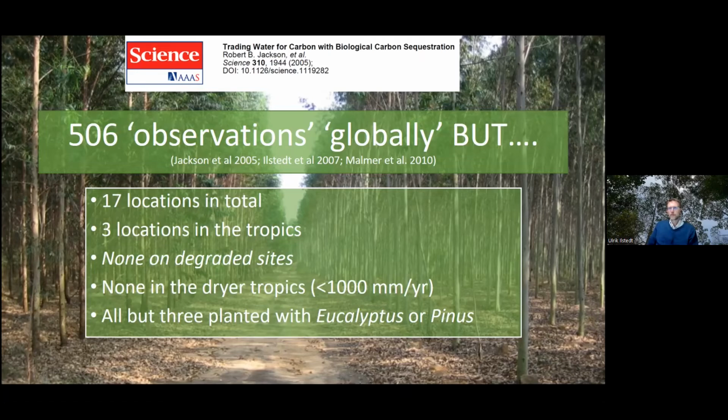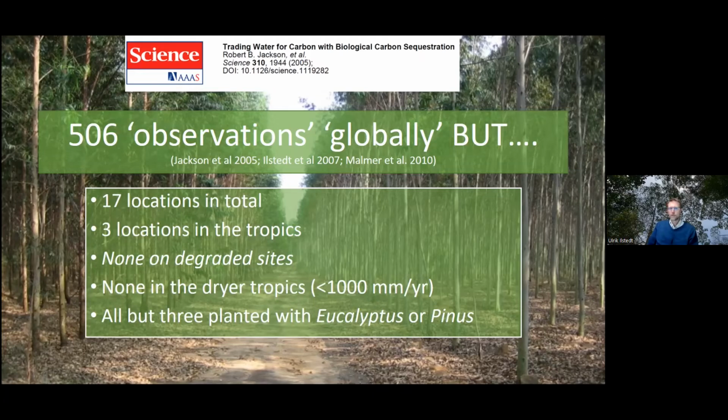None of them were on such degraded sites where one could expect, for example, dry season flows to be improved. None of the studies or the locations were in the drier parts of the tropics.